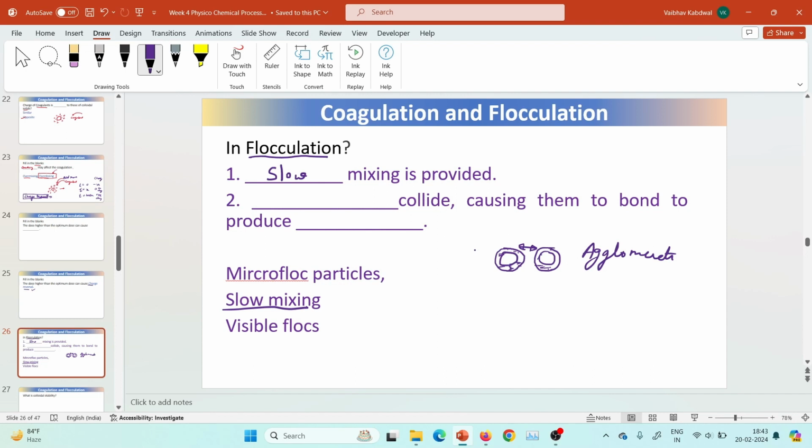But if you provide fast mixing, then the flocs may break due to fast mixing.